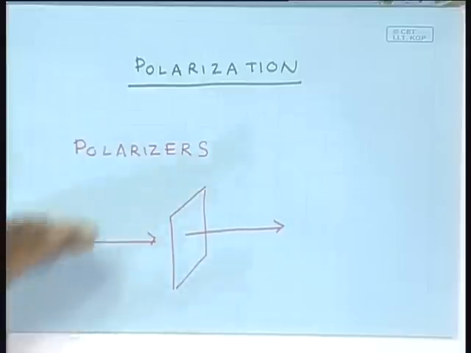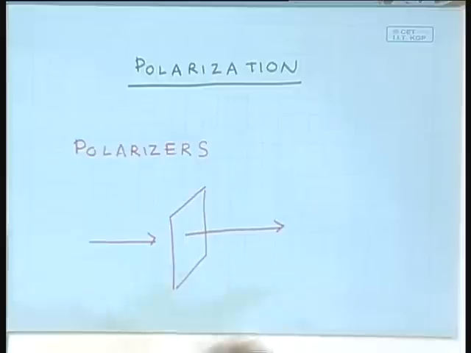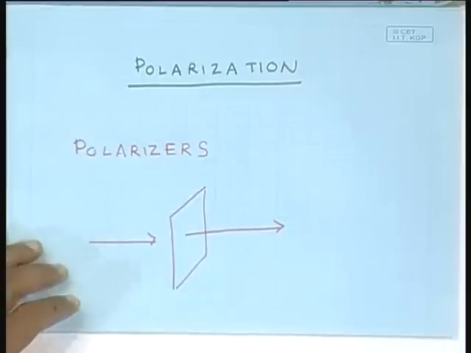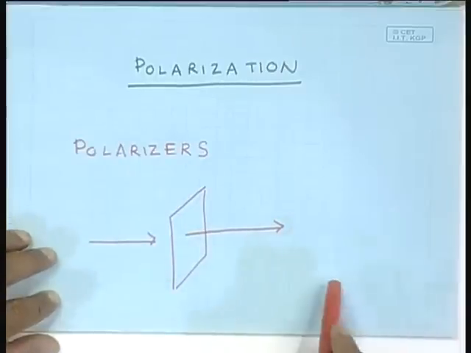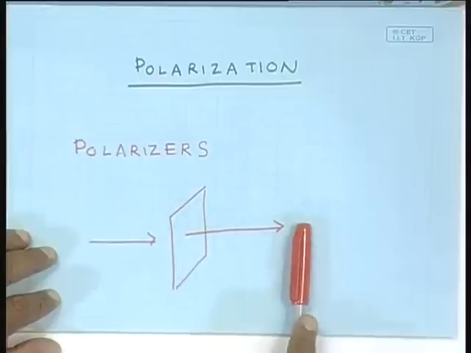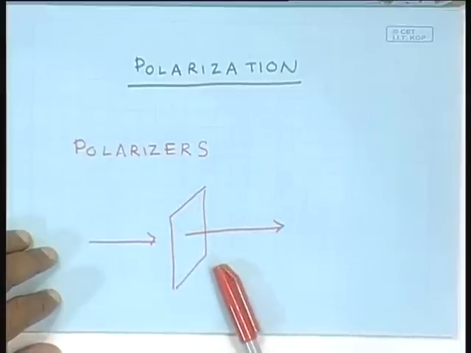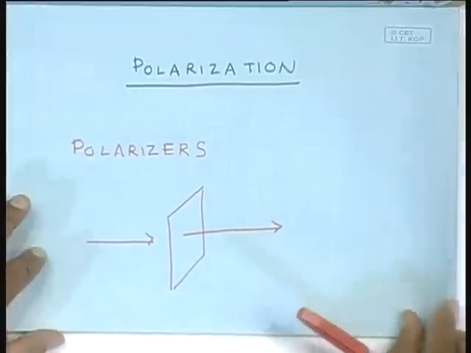And the property of the polarizer is that if you send in natural light, the radiation that comes out is going to have some kind of polarization, and it could be fully polarized or it could be partially polarized. It depends on the polarizer. You could have linear polarizers which produce linearly polarized light, circular polarizers which produce circularly polarized light, or elliptical polarizers. So, let us discuss linear polarizers.